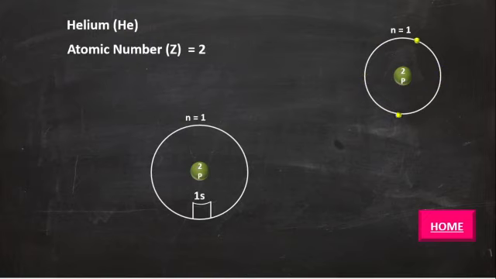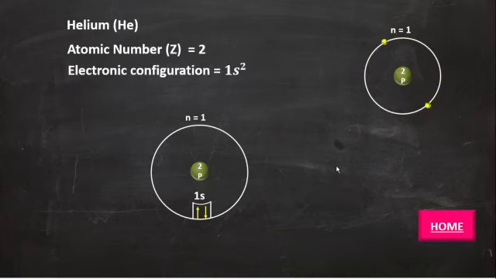See here, the first electron occupies 1s orbital and the second electron will pair up with the first electron in 1s orbital. So 1s orbital can accommodate a maximum of 2 electrons. The first orbit is completely filled now. So what is the electronic configuration of helium? It is 1s2.